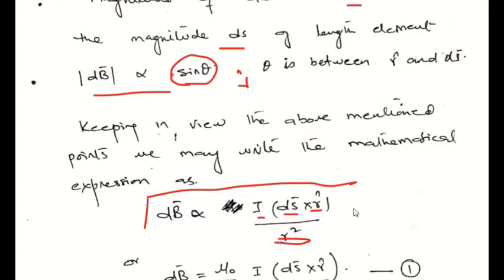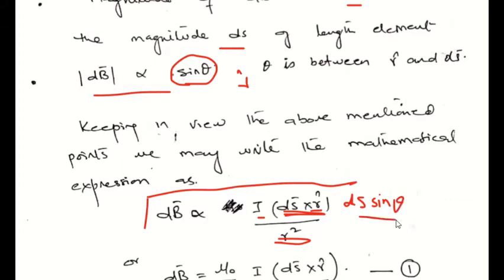That is, as we increase the distance of the point where we have to calculate the magnetic field from the current-carrying conductor, the magnetic field will die. As this is the cross product between ds and unit vector r, if we simplify it, we get ds sine of theta, because the magnitude of unit vector r is equal to 1.